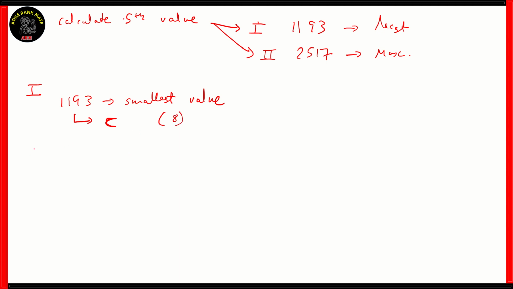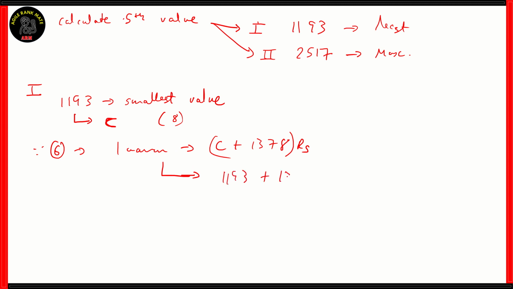Now, since clue number 6 says that one woman spends 1,378 rupees more than the value of C, then we can calculate that particular value as 1193 plus 1378.